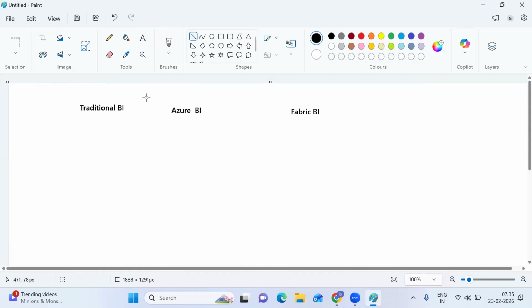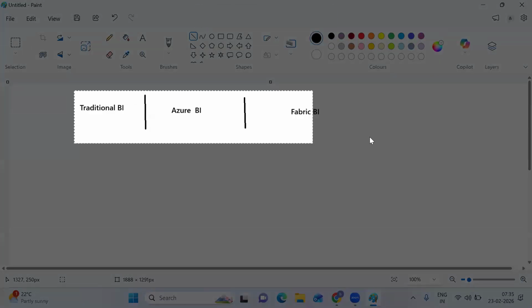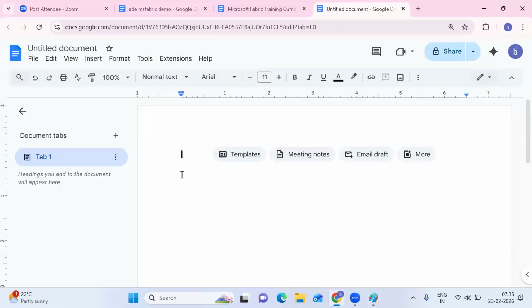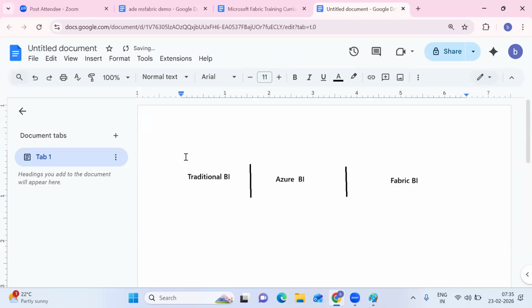So we see the comparison. Let's look into traditional BI.